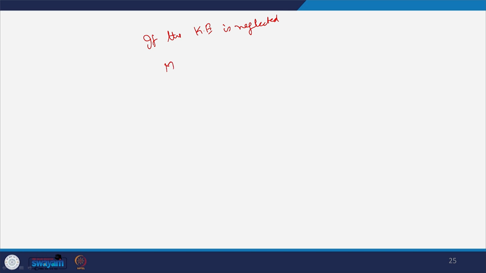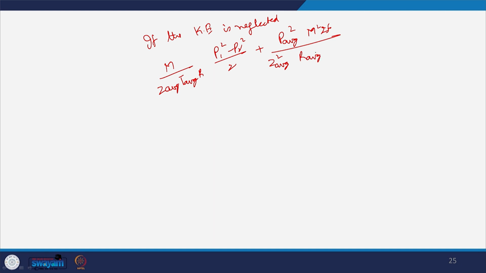So we can write m is equal to m upon Z average T average R, p1 square minus p2 square upon 2 plus p average square m square 2f upon Z average square R average square T average square, delta H plus 2 f c square upon g c d l, that is equal to 0.